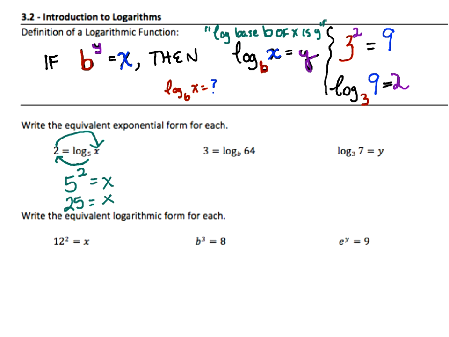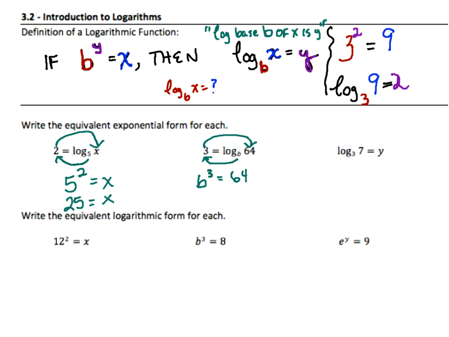Okay, this one is some log base b. So if I change, I start at the base, raise to the is, and that equals the of. Something cubed is 64.